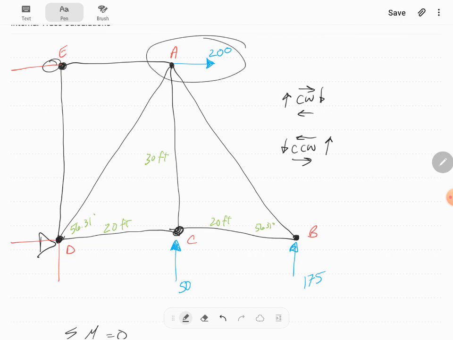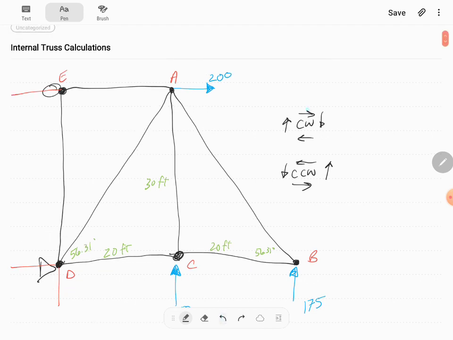We look at this force right here, which is a horizontal force. It is above this pivot point. So that means we're looking at this one right here. That is clockwise. Now, clockwise is negative and counterclockwise is positive.